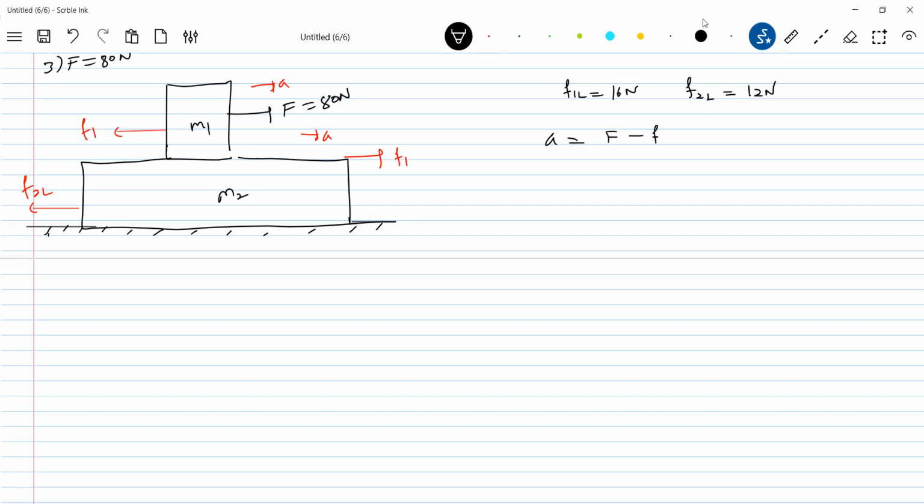F minus F2L over M1 plus M2. 80 minus F2L, 12, by 4 plus 2. 80 minus 12, 68 by 6. 11.3 something we will get.